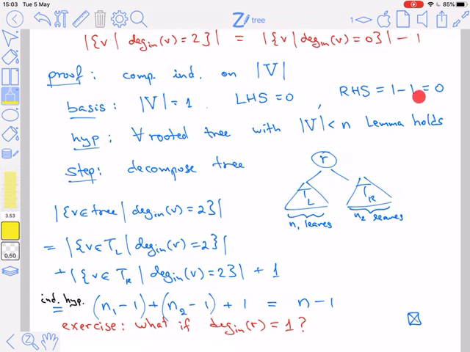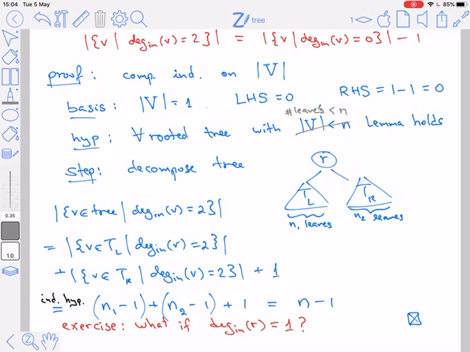So you have 1 minus 1 equals 0, left-hand side equals right-hand side. The induction hypothesis says that for every rooted tree with number of leaves less than n, the lemma holds. This is wrong, sorry, I want to fix this.